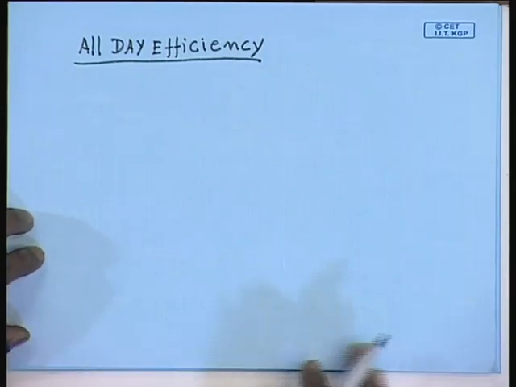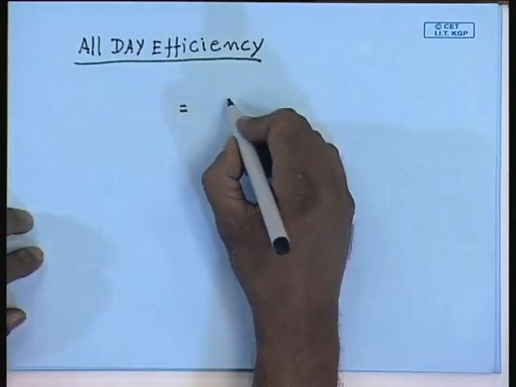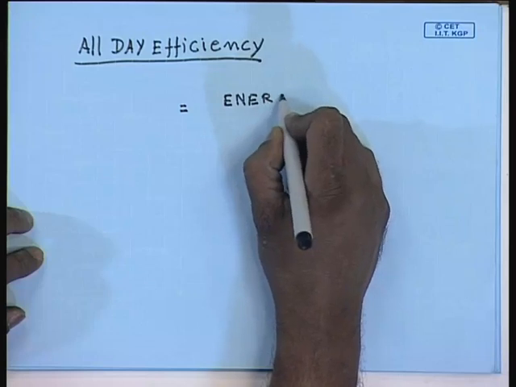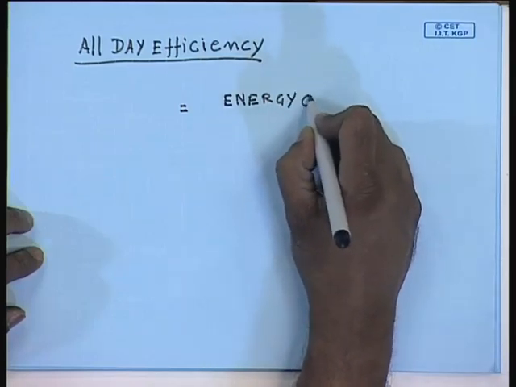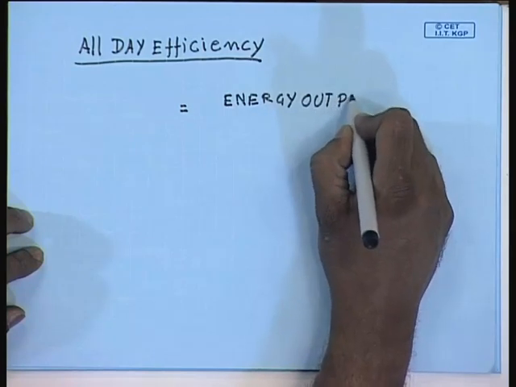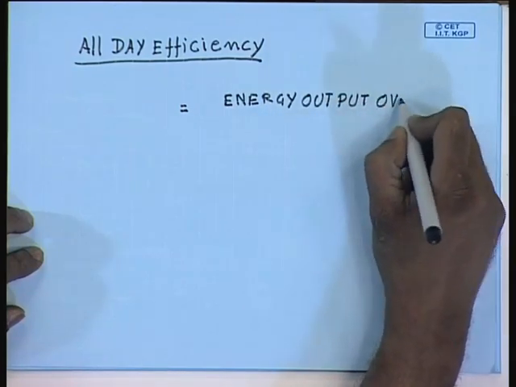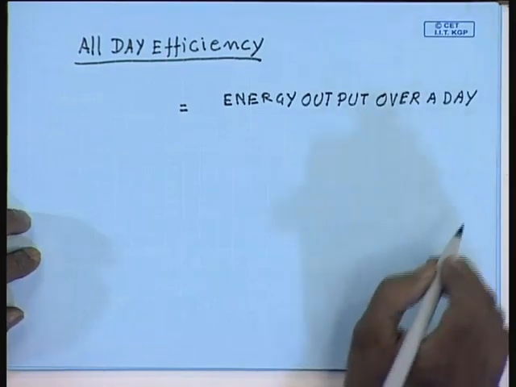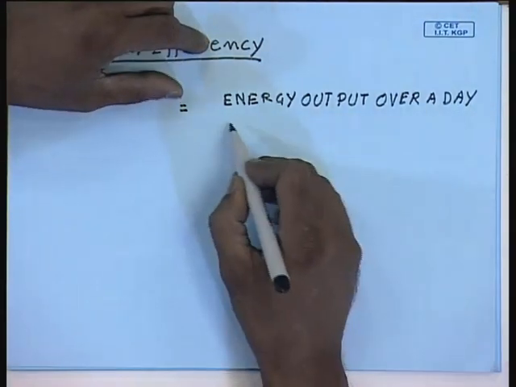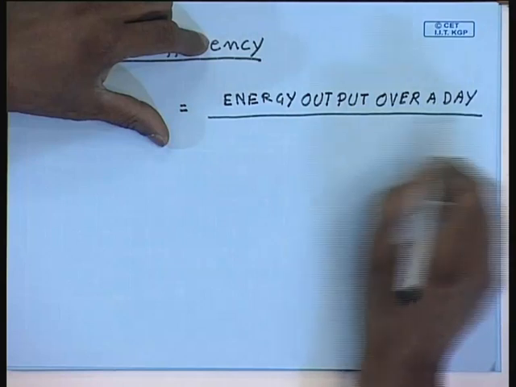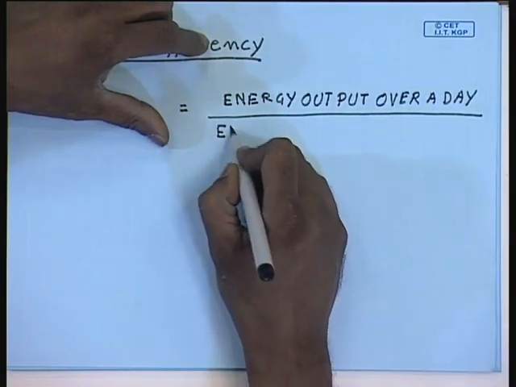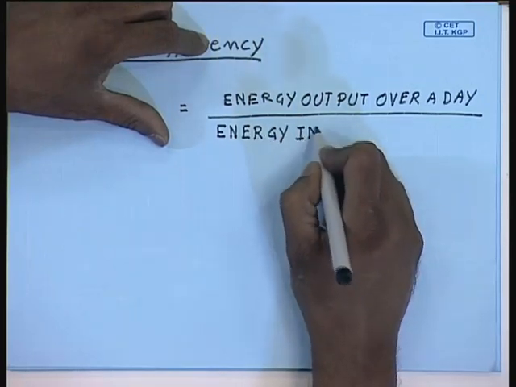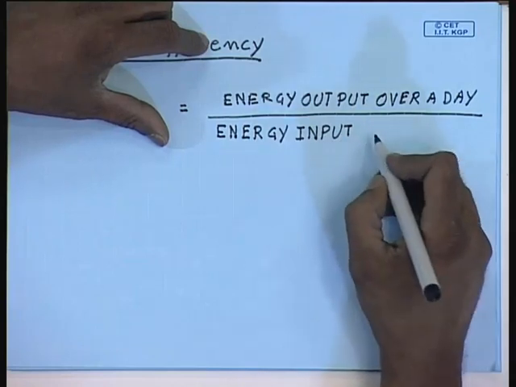How do I define all day efficiency? This is defined as energy output of the transformer over a day divided by energy input to the transformer over the day.